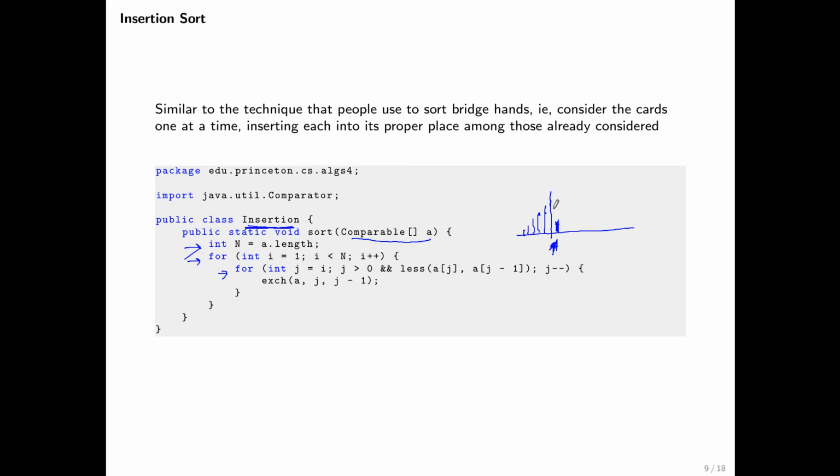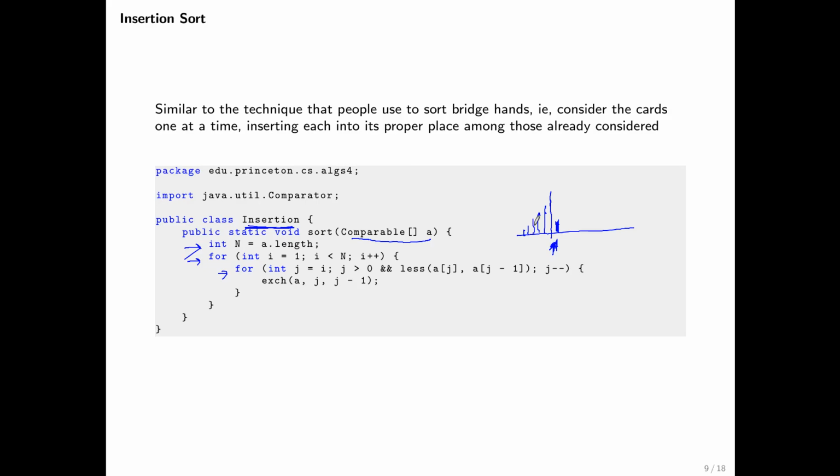Well, this guy is smaller than that, so what we do is we swap these two guys. Okay, so this bigger one is going to come here, the smaller one is going to go there. And then what we do is we compare this guy with this one. Is it smaller? Yes, it is. So we swap those two. So this guy comes here, and then we compare that with this fellow. It is still smaller, so we swap. Compared with this, still smaller, we swap.